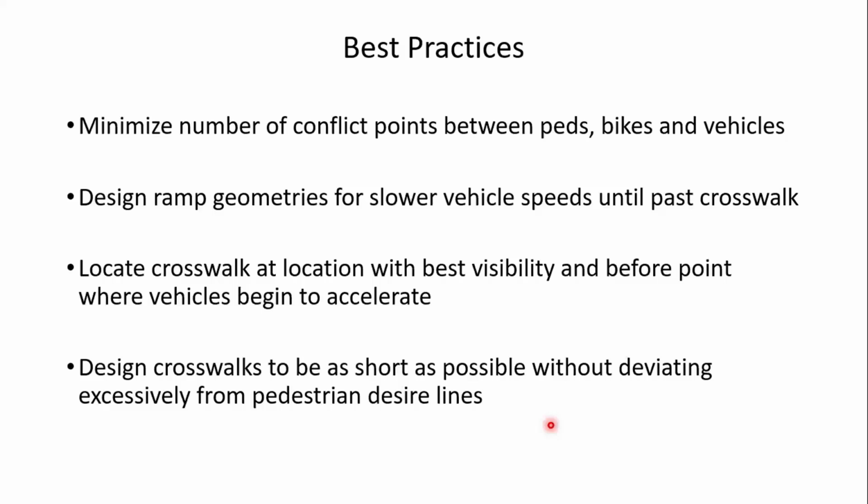Design crosswalks to be as short as possible, as we've been talking about in other regards, without deviating excessively from pedestrian desire lines. We also talked about that, I believe, on day one, that pedestrians are least energy people. They'll try to take the shortest path as much as possible. So we don't want the pedestrian path to deviate too much from their expected desire lines.